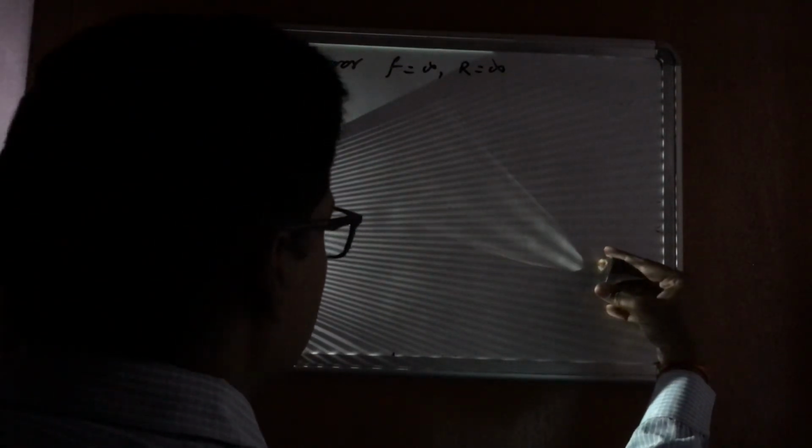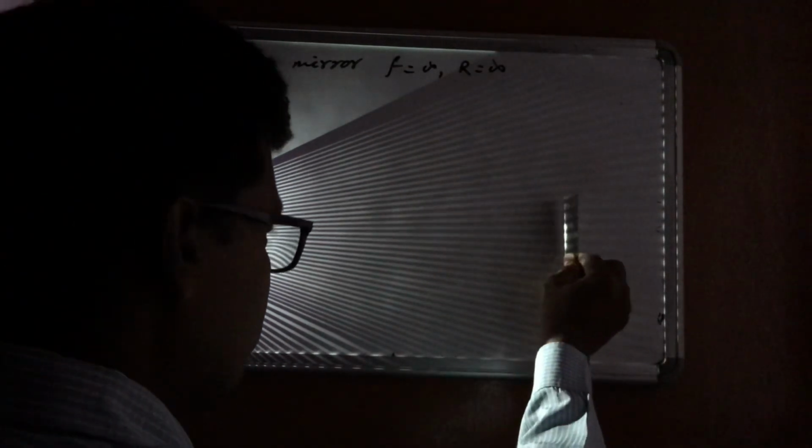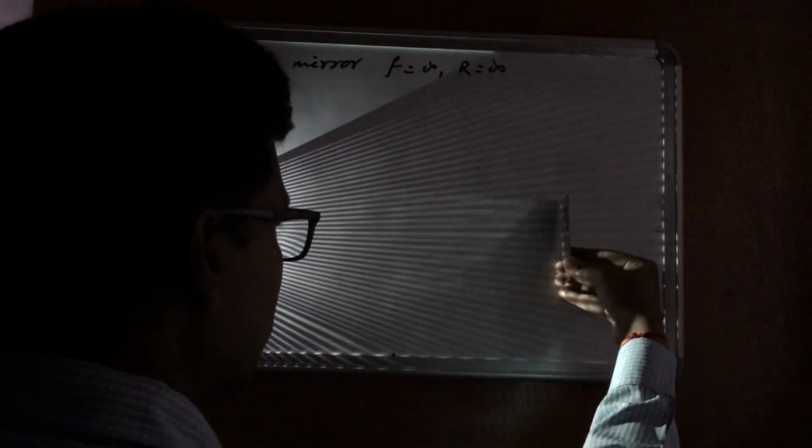You can see. So this is a diverging mirror. What happens in case of a plane mirror? Look at here. They neither diverge nor converge. They just return back along the same path. So this is a plane mirror.